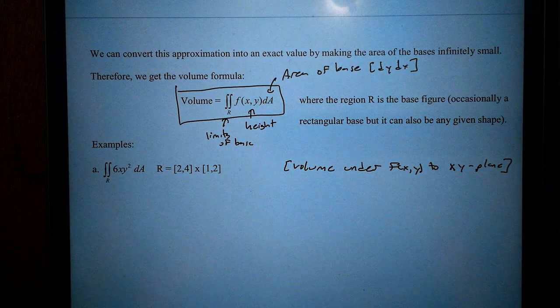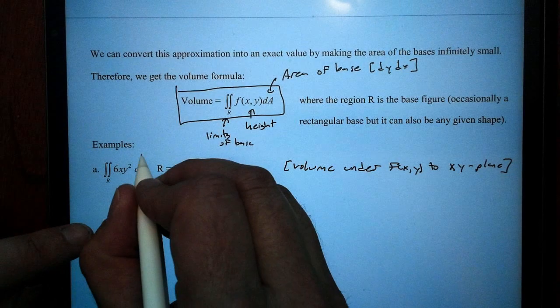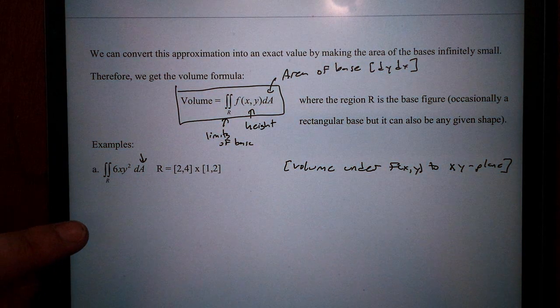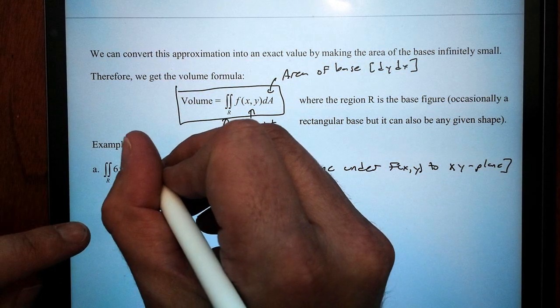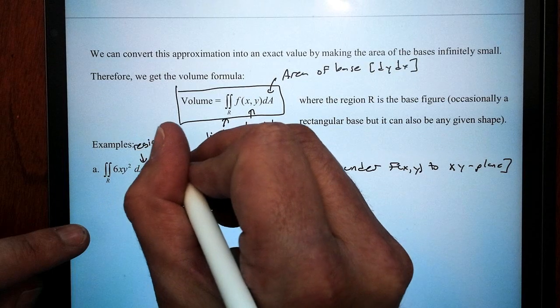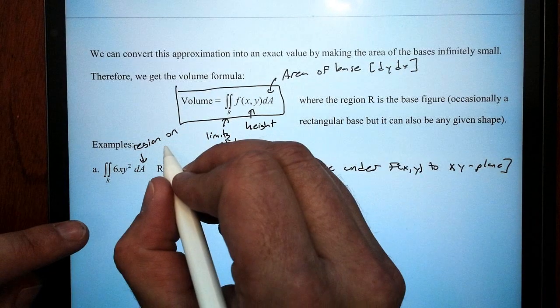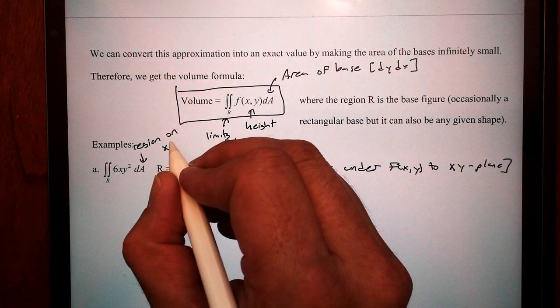They want me to find the volume underneath this function all the way measured to the xy plane. So this dA, remember, is the region on the xy plane. We talked about that in our previous video.